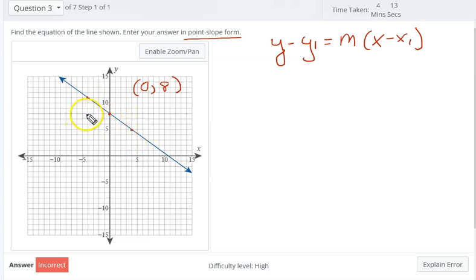So you could make your right triangle. This is 4 units here. And this is up 3. So it's negative slope. So that would be a negative 3 over 4.